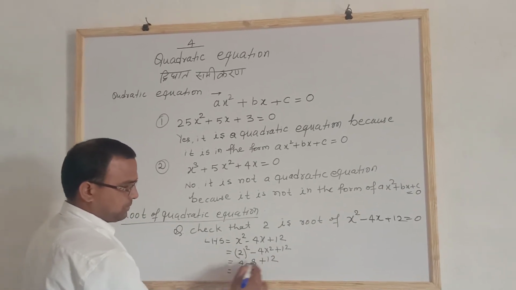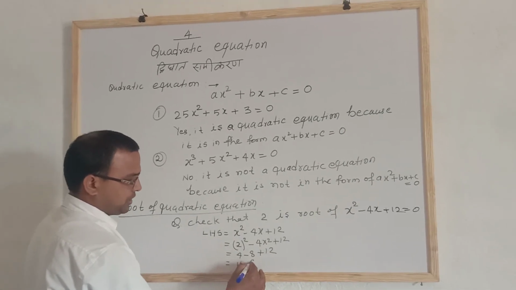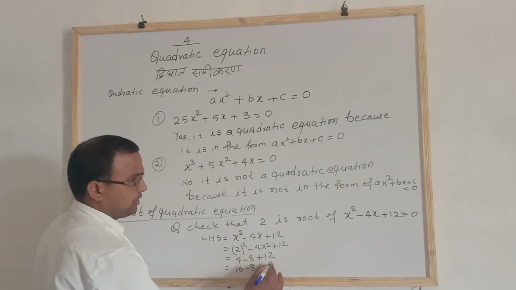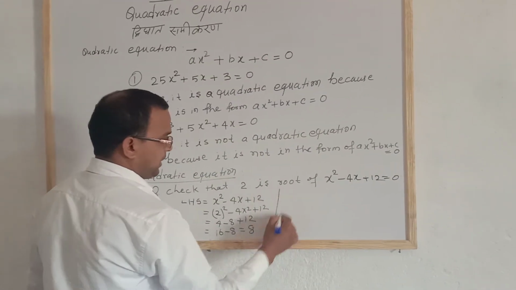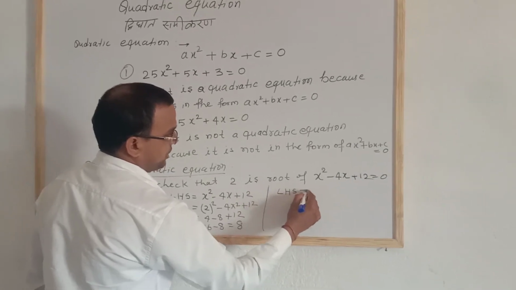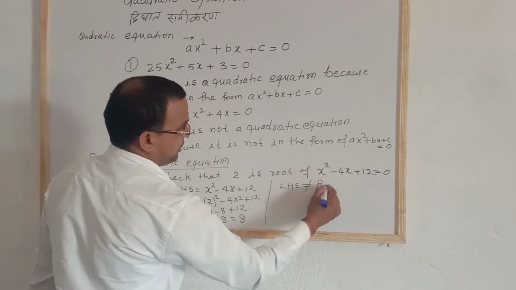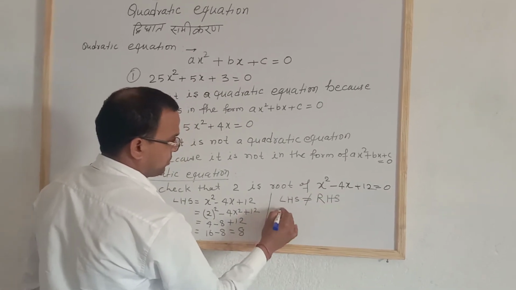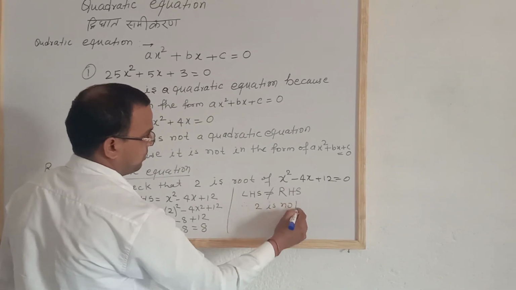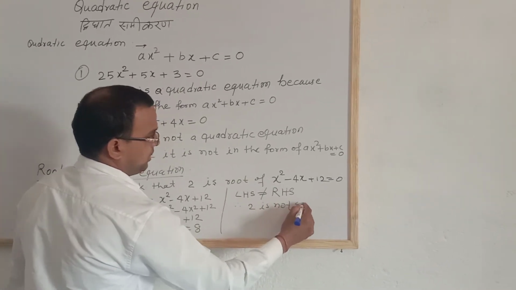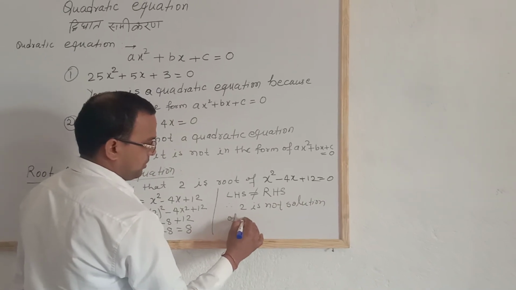You can add 12 and 4, 16 minus 8 equal to 8. Now here RHS is 0, so you can write LHS is not equal to 0. LHS is not equal to RHS, so 2 is not solution of equation.